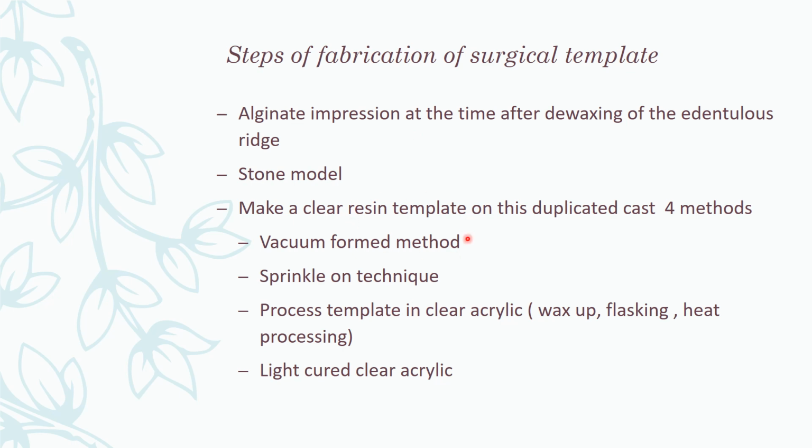Clear resin templates on these duplicated casts are made by four methods: the vacuum form method, the sprinkle on technique, processed template in clear acrylic, that is wax up, flasking, and heat processing, and even a light cure clear acrylic can be used. So these are the four methods.